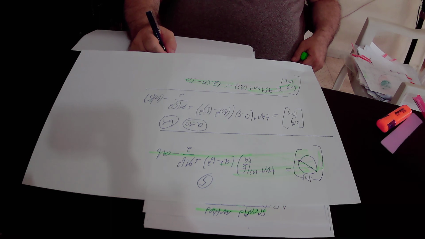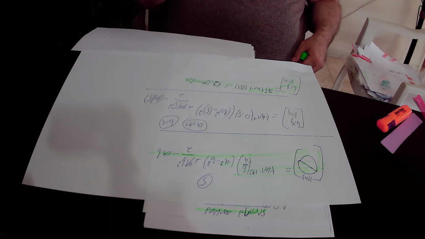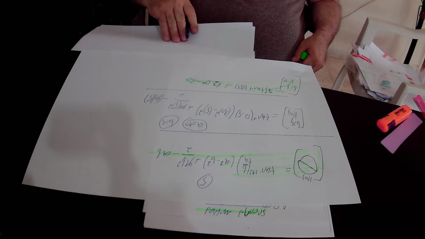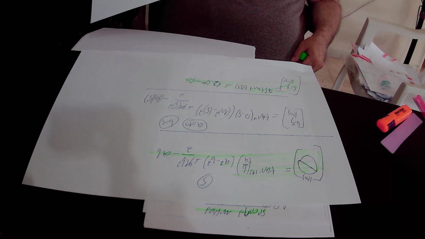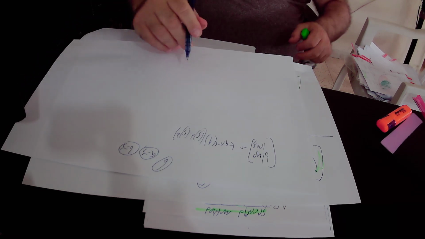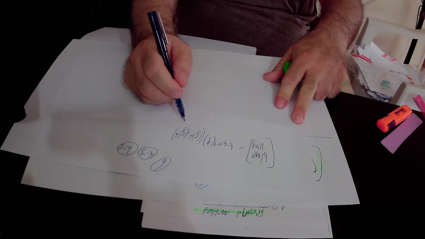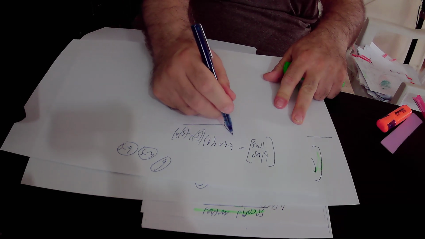A equals 5, so A squared is 5 squared, minus B squared. B is 5, so B squared is 5 squared. A equals B, so A squared minus B squared will be equal to 0. So therefore, 5 squared minus 5 squared is 0, so this expression will be equal to 0.